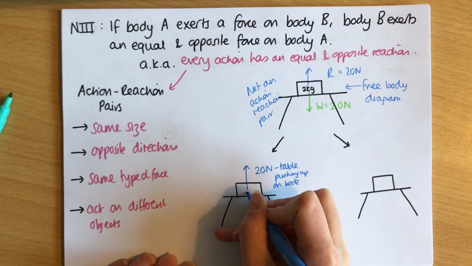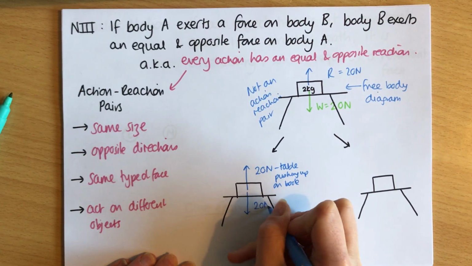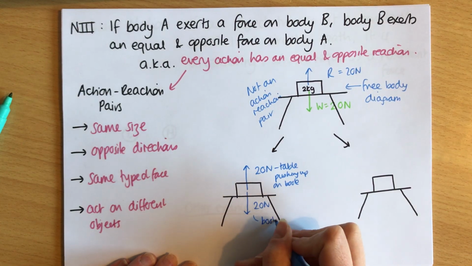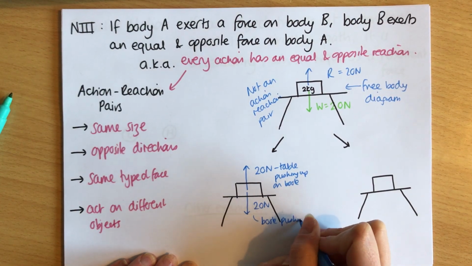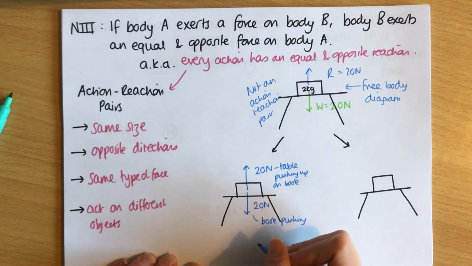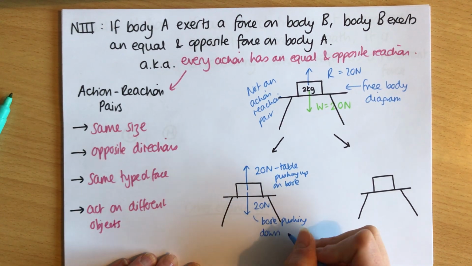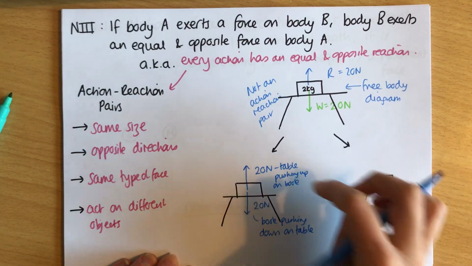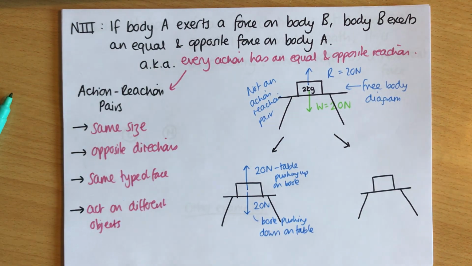The pair for that is downwards 20 newtons, and I'm going to switch the objects around. It's the book pushing, same force, it's a push force, opposite direction, down on the opposite object, table. So I just take the sentence and then flip it round. So the table pushing up on the book is paired by the book pushing down on the table.